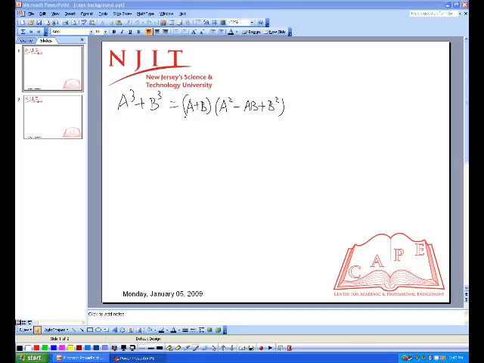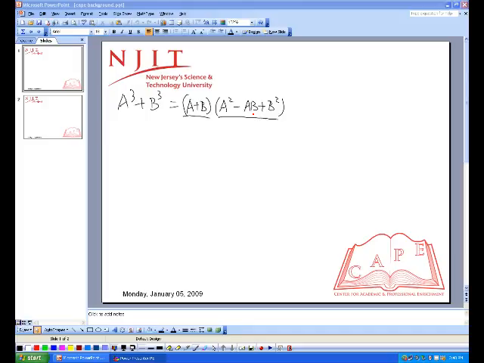Notice that a cubed plus b cubed is equal to a plus b, which is only to the first power, times the other one that looks very similar to the square of a binomial.